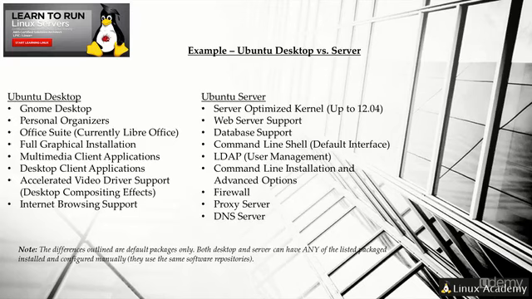The command line shell, which is the default interface, LDAP for user management, command line installation, and advanced options during installation, which will support things like advanced RAID options, RAID card options, drivers that aren't normally installed with the desktop version of Linux. And it can also function as a firewall, a proxy server, and a DNS server.